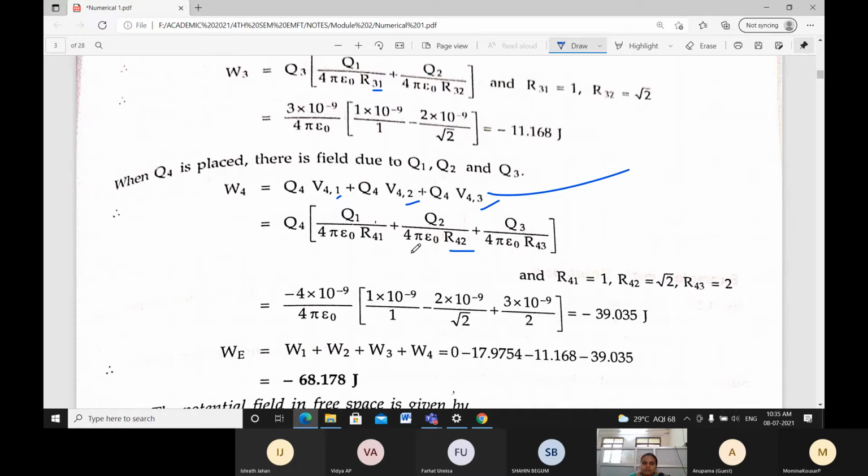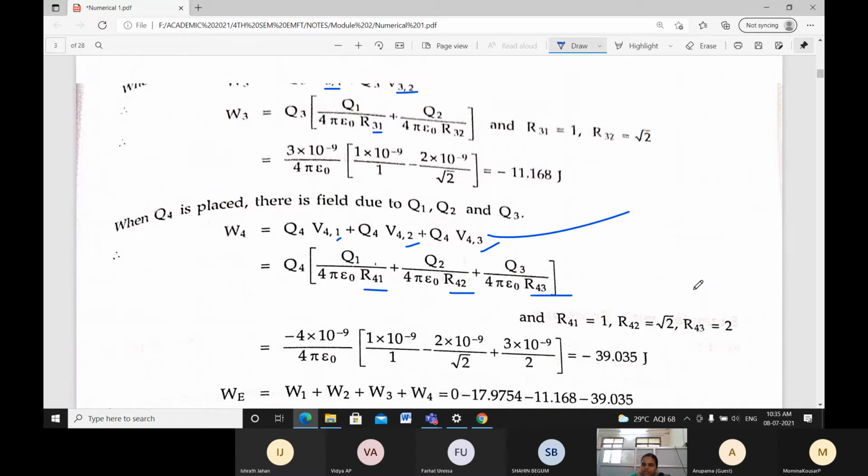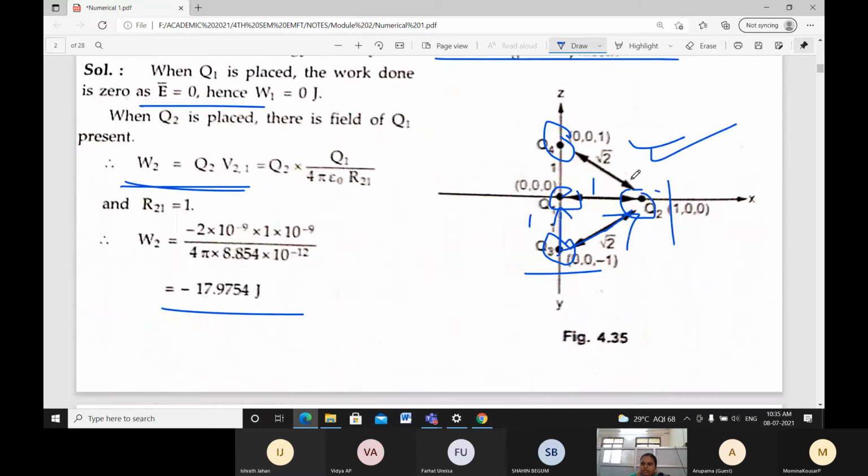Then calculate R41, R42 and R43, where you will be getting the values as R41 equal to 1, R42 is going to be square root of 2, and R43. Observe here, it is simple. What is R43? Here to here the distance is going to be 1 and again here to here it is 1. It's not minus 1 plus 1.